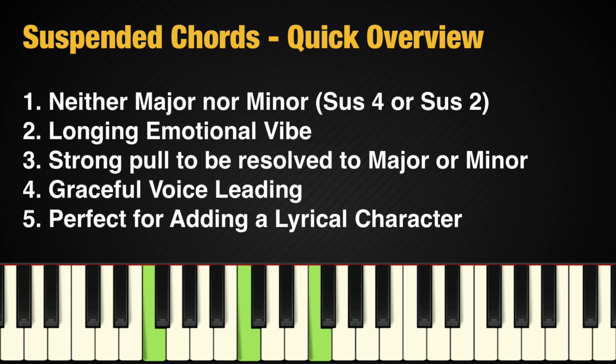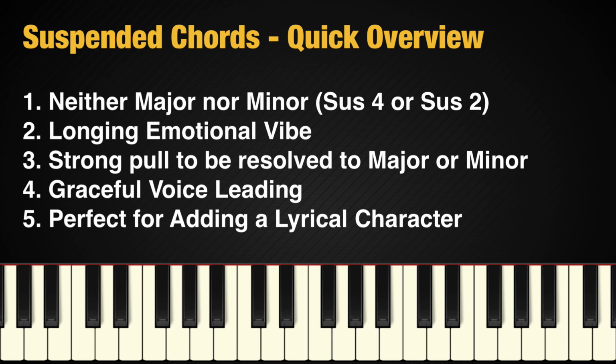If you take this note and move it down here, you have created a C sus4. So just move that there while the bass goes down to the next chord, which is C. So F major to C sus4 to C major.